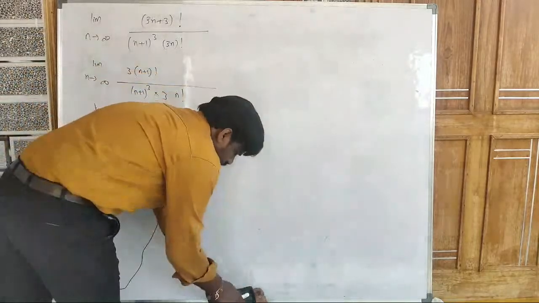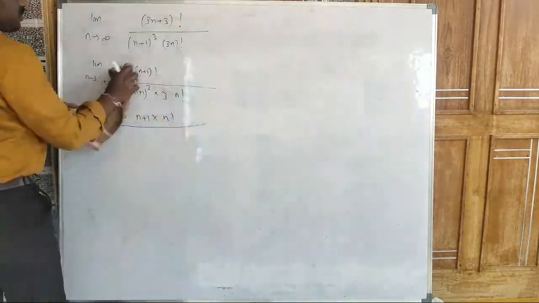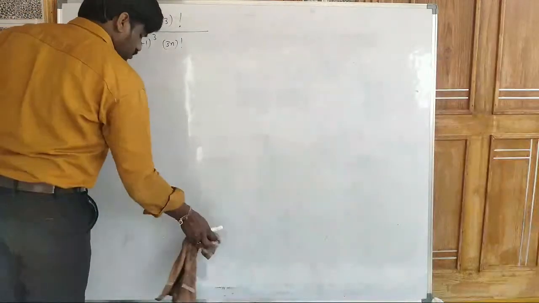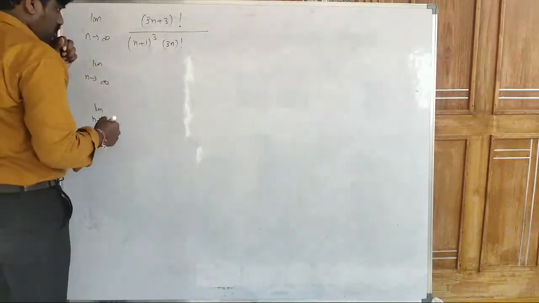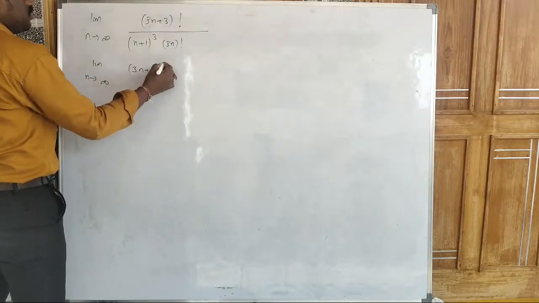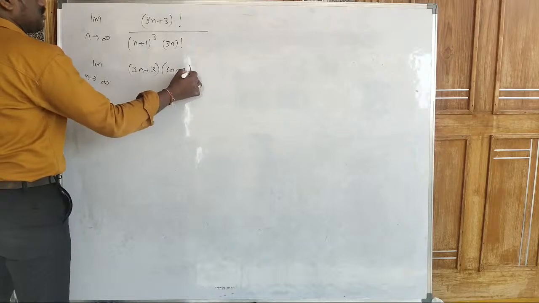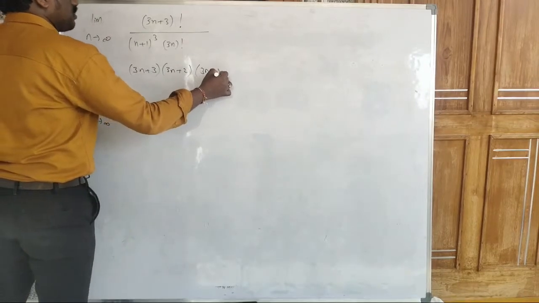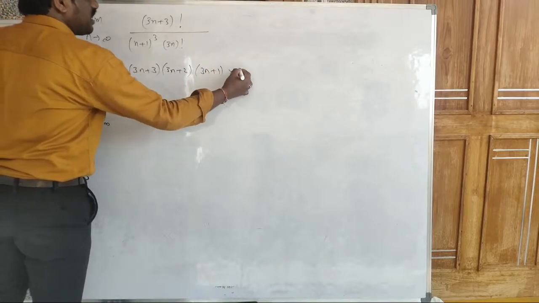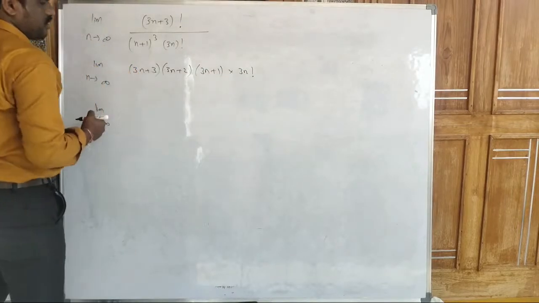Three cannot be taken out common, right? If it's a factorial, you cannot take it out common. So here I can write 3n plus 3 into 3n plus 2 into 3n plus 1, factorial, then 3n factorial.